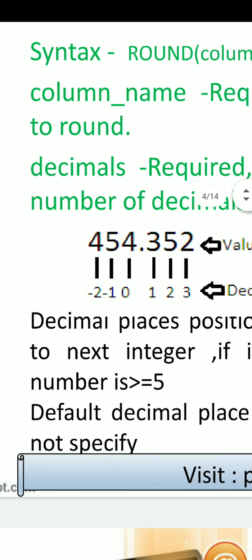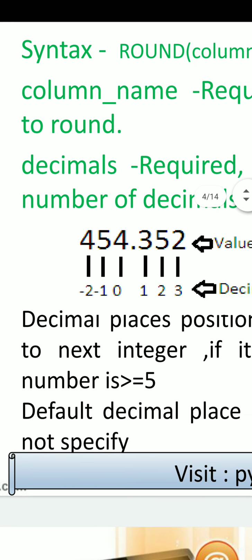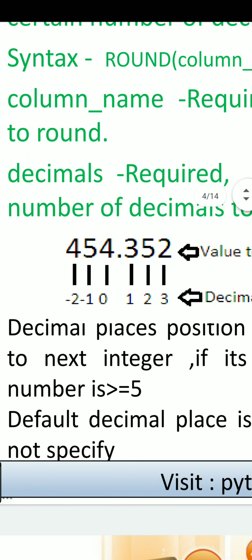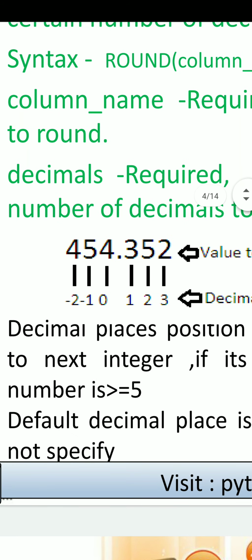Okay, in this example, 454.352 is the value. Before the decimal point there are 3 digits, and after the decimal point we have 3 digits, and its decimal places are mentioned like this. Just before the decimal point sign, it is 0 decimal place. On tens, it is -1 decimal place. On hundreds, it is -2 decimal place.